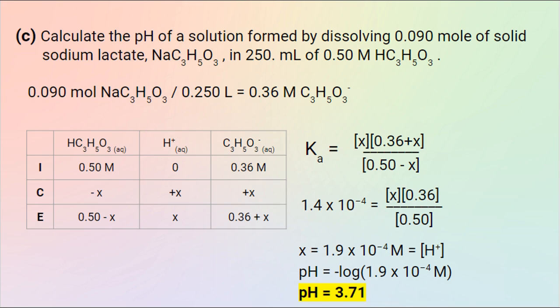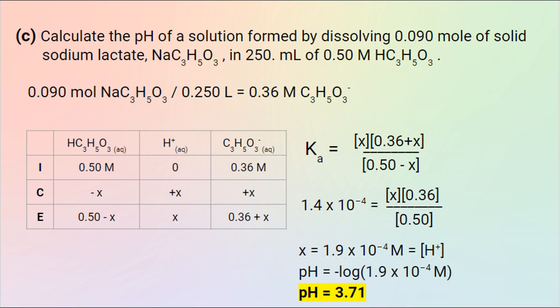We can plug those into our equilibrium equation to get 1.4 times 10 to the negative 4, our Ka which we solved previously, is equal to x times 0.36 plus x divided by 0.5 minus x.